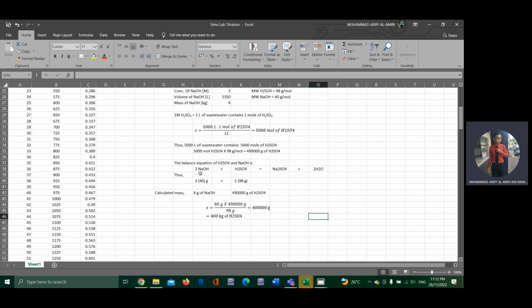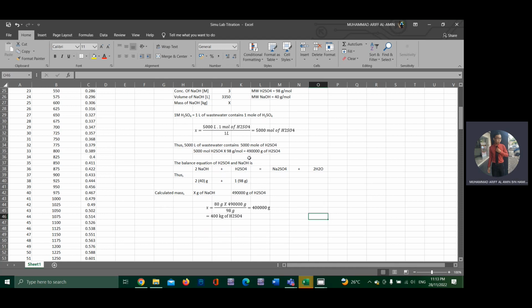So we need to multiply the stoichiometry coefficient with the molecular weight, and after that we need to calculate the mass of NaOH, which in our case we need to calculate the mass of sodium hydroxide to neutralize the 5 cubic meter of acidic wastewater.